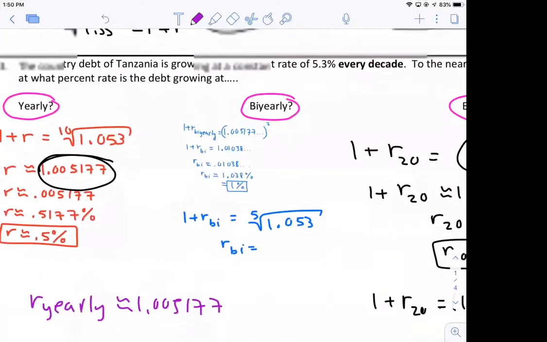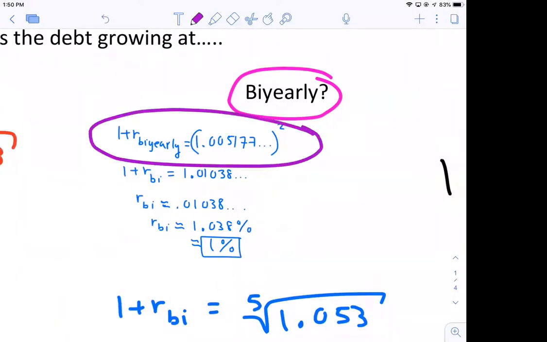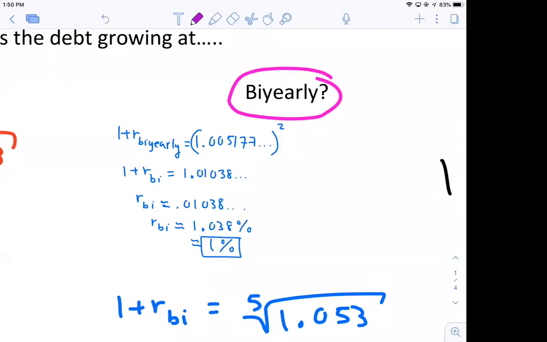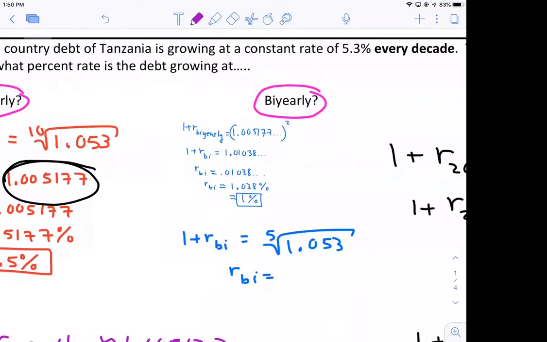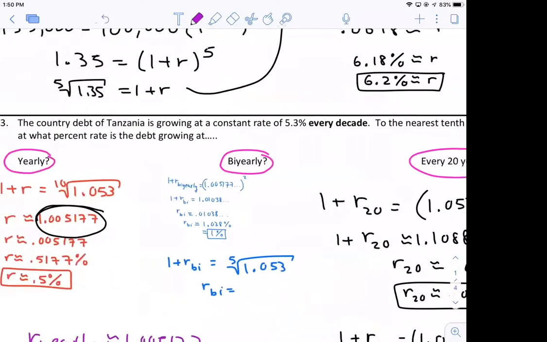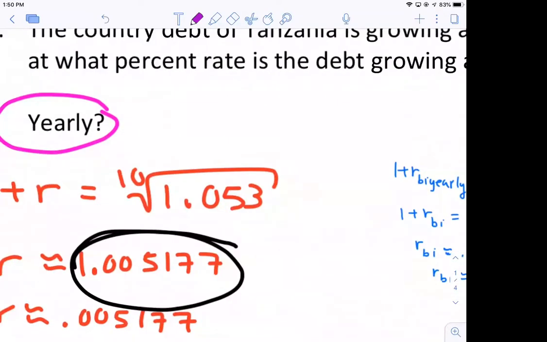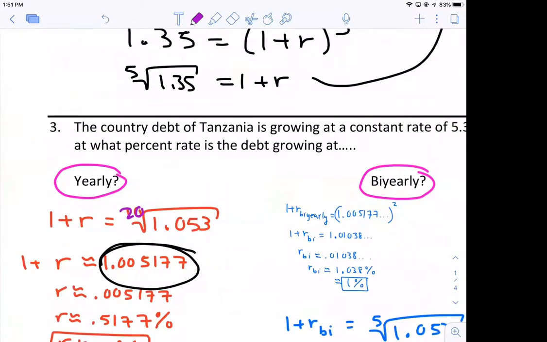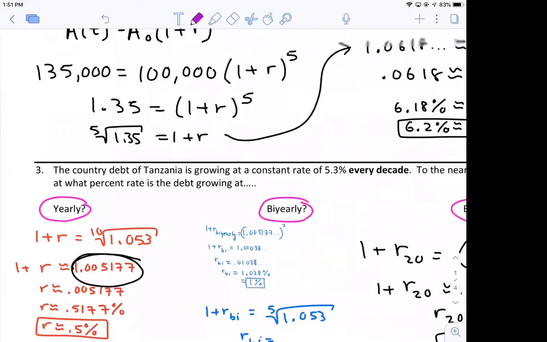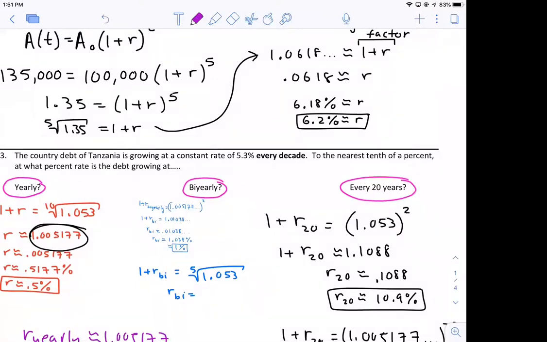All right, so that is my bi-yearly growth factor. And then solving for the bi-yearly rate, just subtract 1, get it as a percent, and that's that. All right, good? You could also just take the 5th root of the decade growth rate to get the bi-yearly growth rate, right? Because there are 5 sets of 2 years in 10 years. So that would also be the same thing.